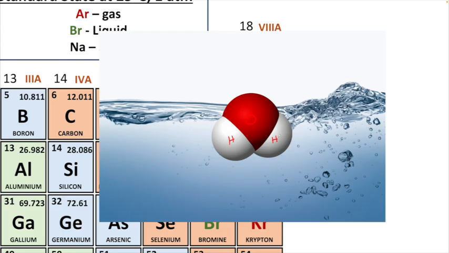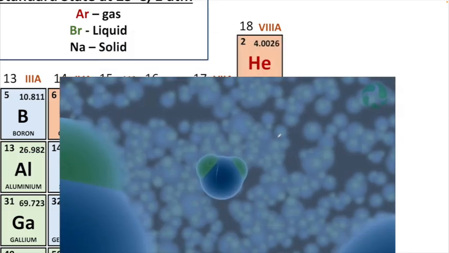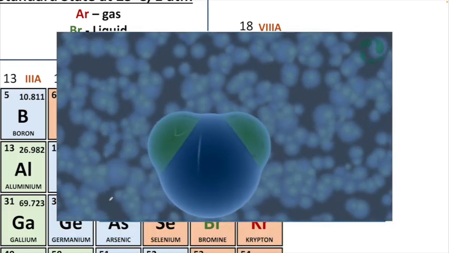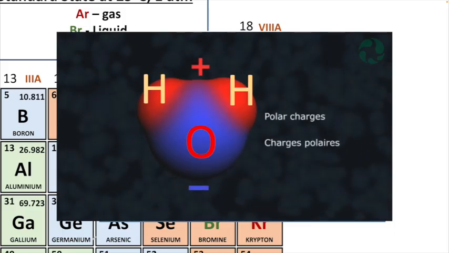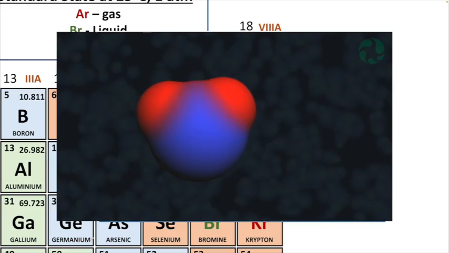Now let's see why. In a water molecule, one oxygen atom bonds with two hydrogen atoms. Oxygen is highly electronegative, so it pulls the shared electrons towards itself, making the oxygen end slightly negative and the hydrogen ends slightly positive. This makes the molecule polarized, with one side positive and the other side negative.